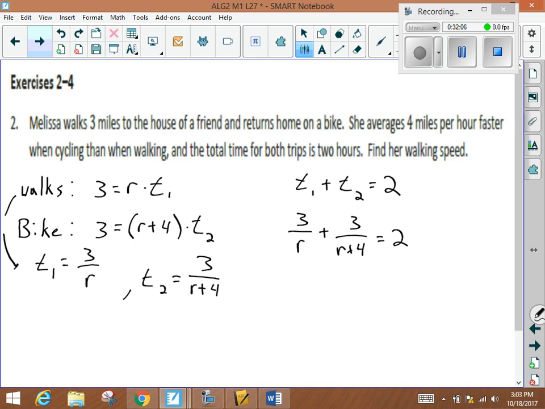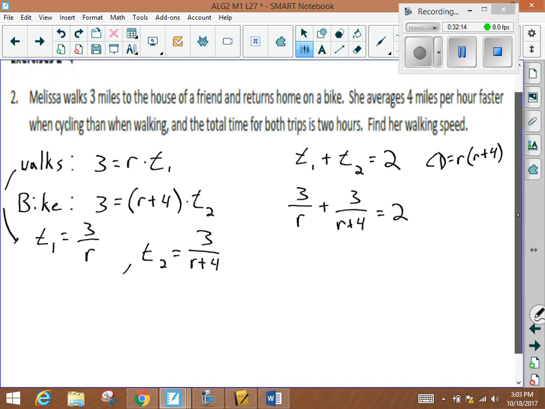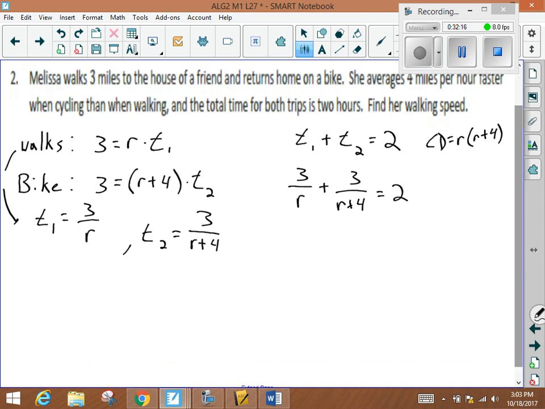It looks like our common denominator is going to be R times R plus 4. And that'll get that done for us. So I'm going to multiply this whole equation by our common denominator, R times R plus 4. And here we go. When I do that, all I'll have left here is 3 times R plus 4.